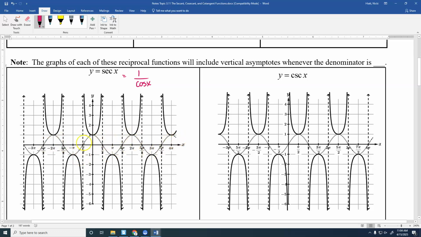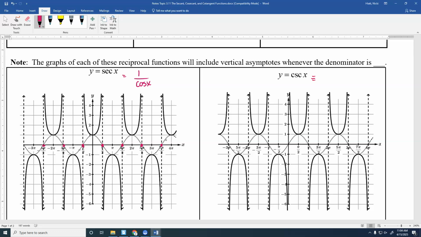That dotted line is not part of our secant graph, it is our cosine function. Notice, what happens every time cosine equals 0? What have we got at every place that cosine equals 0? Vertical asymptotes, right? Because we've got 1 divided by 0, which is undefined, right?